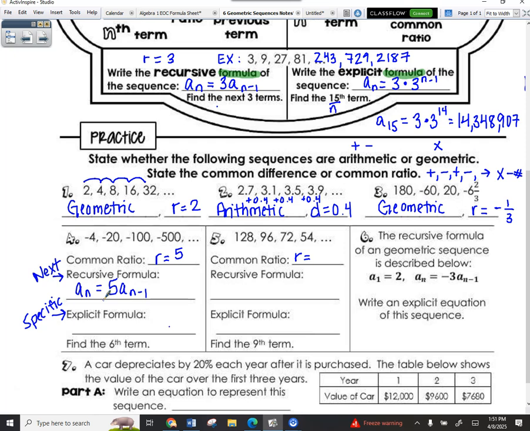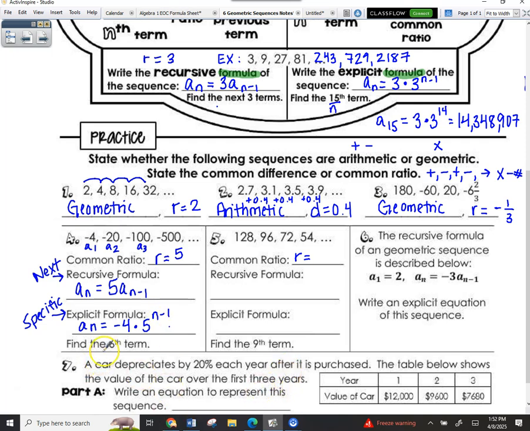Explicit requires you to plug in A sub 1, which means first term. This is A sub 1 right here. For context, this is A sub 2, A sub 3, A sub 4, and so on. So for our explicit, what's A sub 1? Negative 4 times, what's our multiplier? To the n minus 1 power.